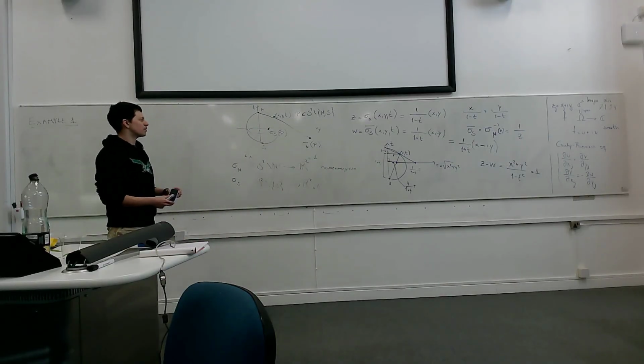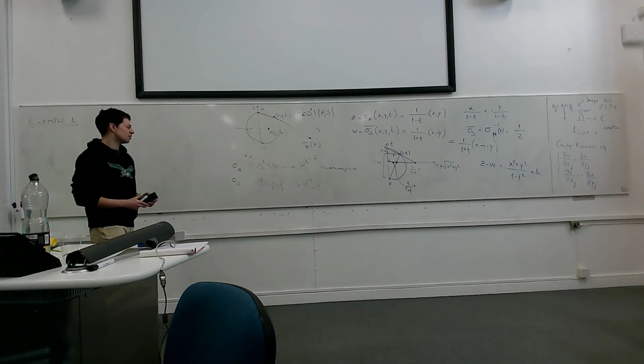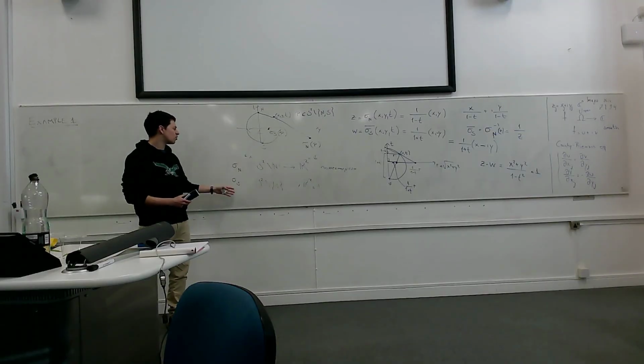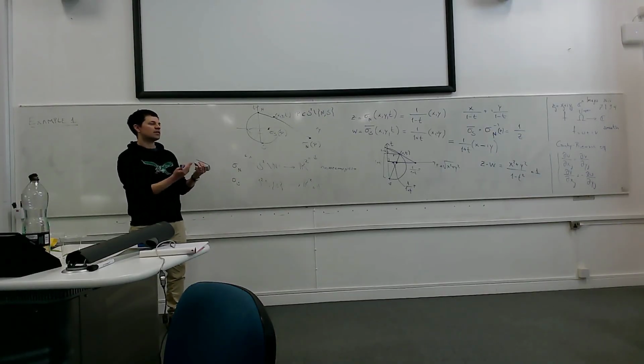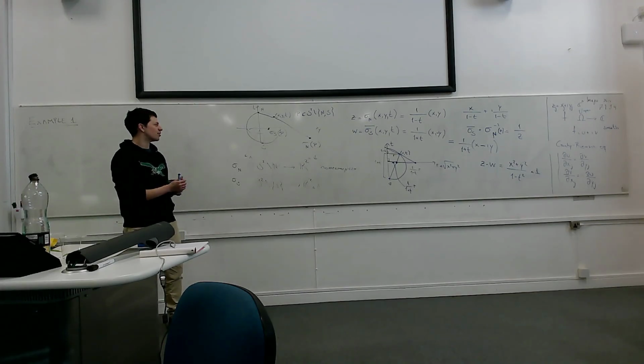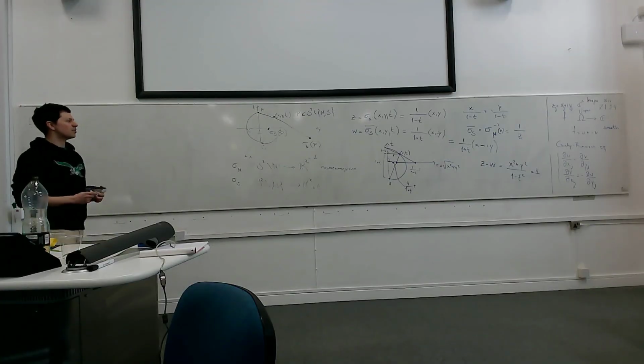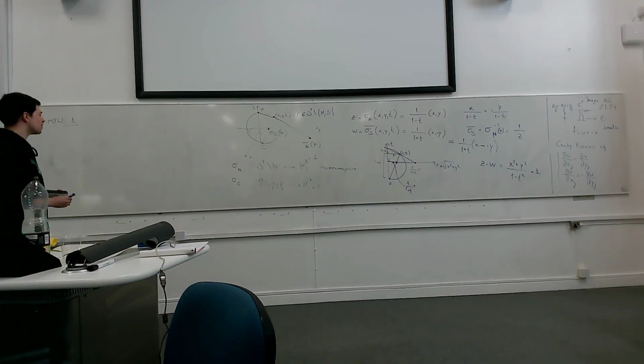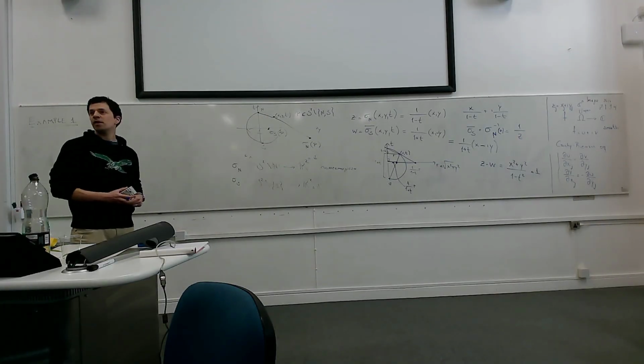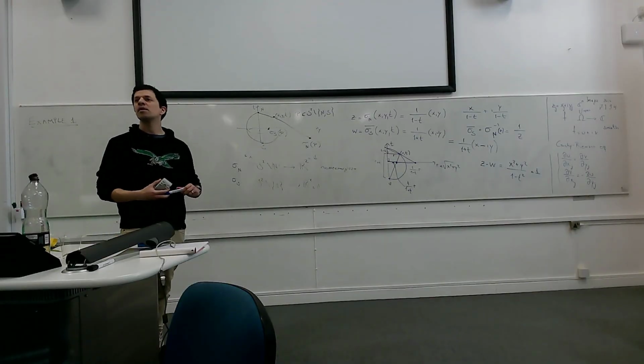Actually, if you just take this without conjugation, this atlas is not even preserving orientation. It is orientation reversing, and they swap the orientation of the sphere. So you need to conjugate one of them.